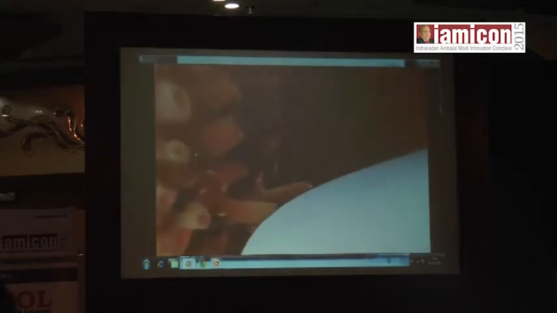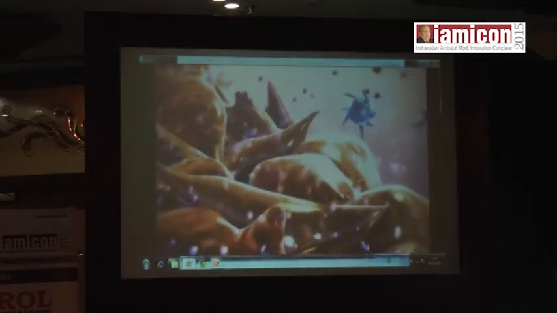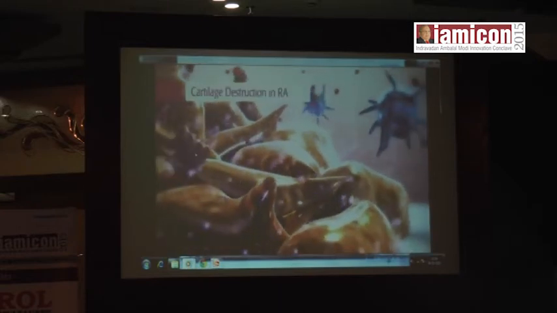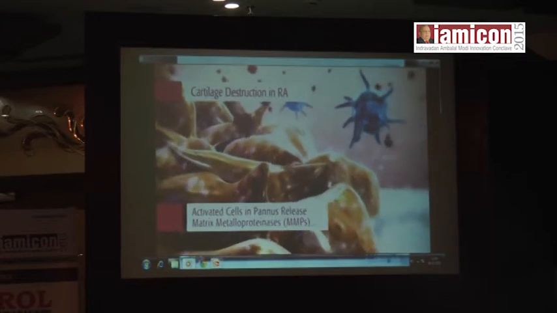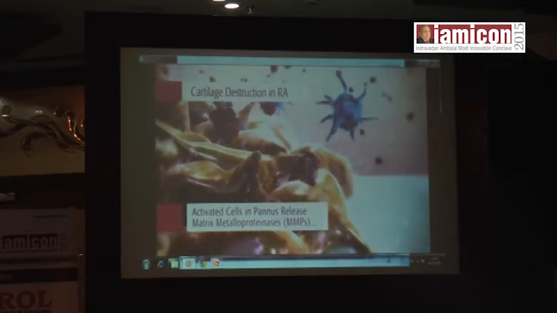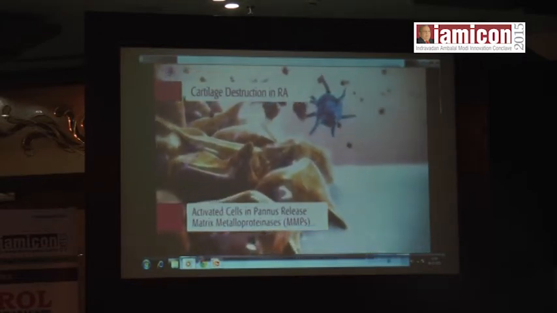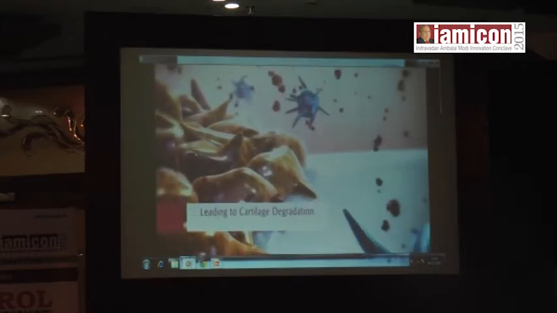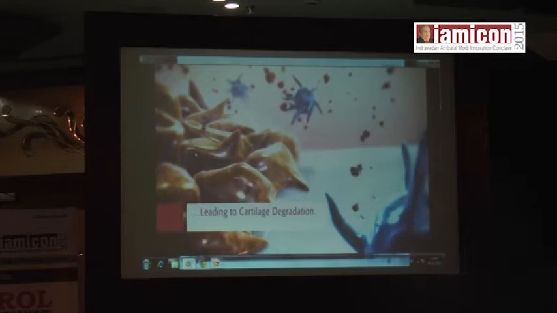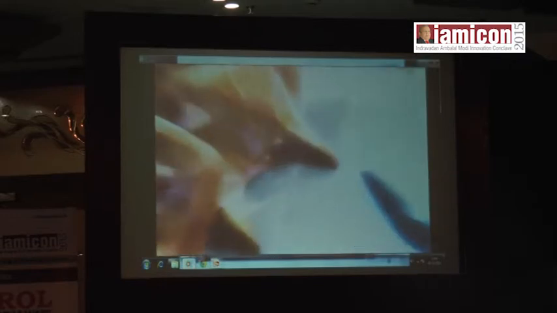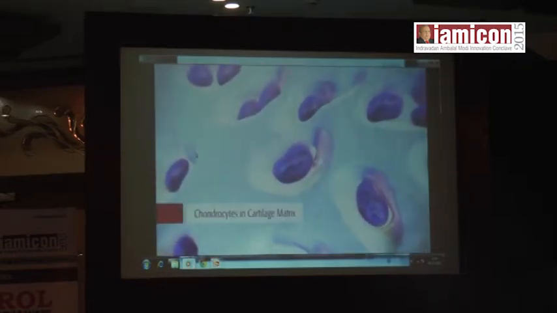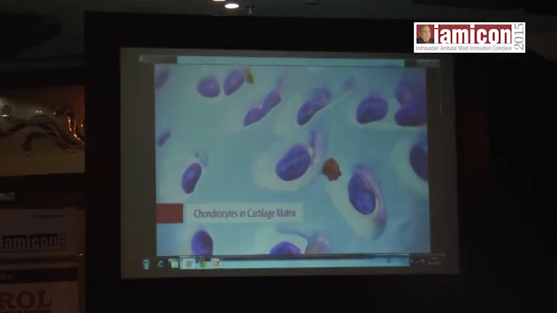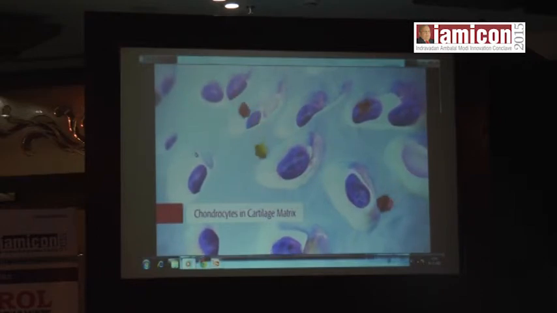In the interface between pannus and cartilage, activated synovial fibroblasts and macrophages are a source of enzymes that degrade the cartilage matrix. These include MMPs or matrix metalloproteinases. Thus, activated cells in pannus are key instigators of cartilage destruction. Chondrocytes are the main cellular component of cartilage and normally produce the extracellular matrix.